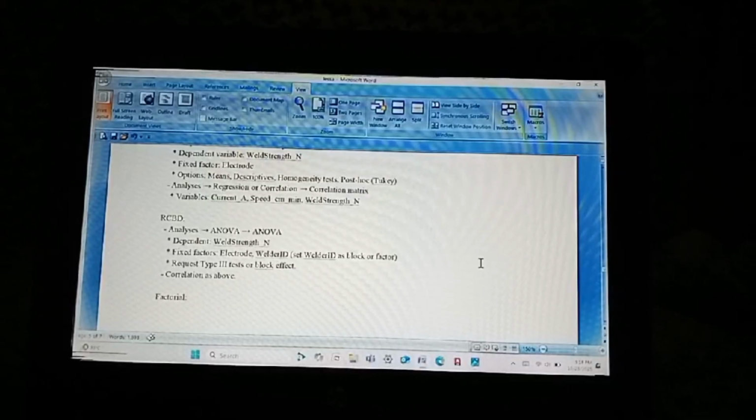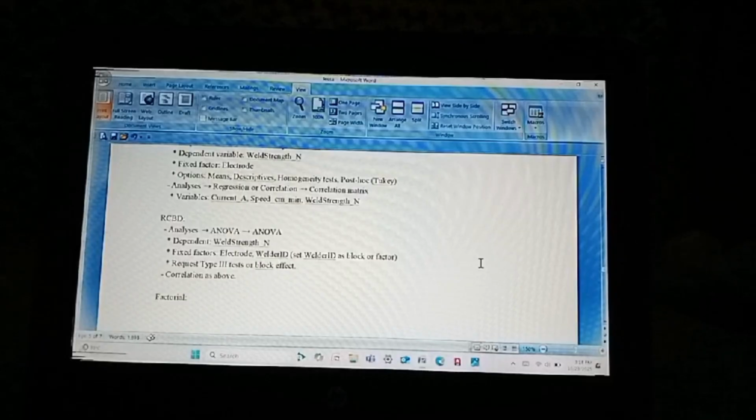Correlation: speed versus strength, r equals negative 0.45, p is less than 0.05. Faster speed, lower strength. Factorial, 3 times 2 ANOVA. Factors: electrode type, 3 levels; current, low and high. Jamovi output example: electrode F(2,18) equals 20.72, p is less than 0.001.